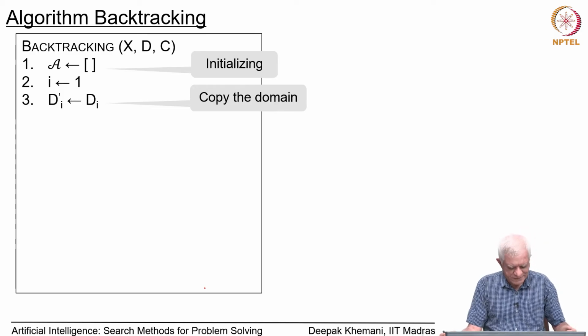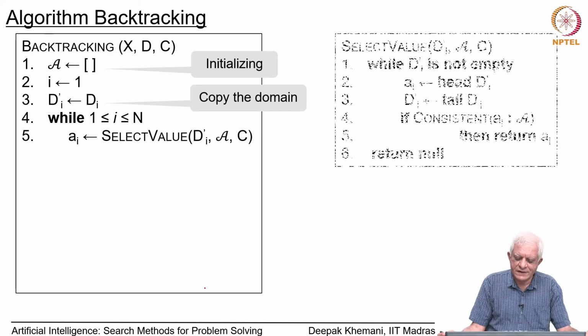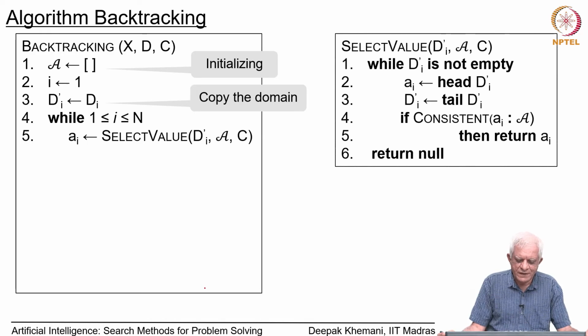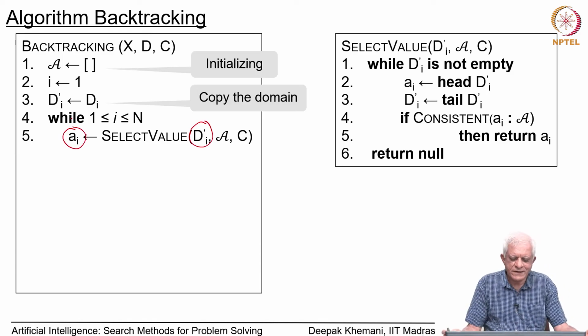So, the original domain d i we retain, and we work with a copy d i prime. Then for every variable, as long as i is between 1 and n, we call a function called select value, which looks at the domain d i and returns some value which we will call a i here.